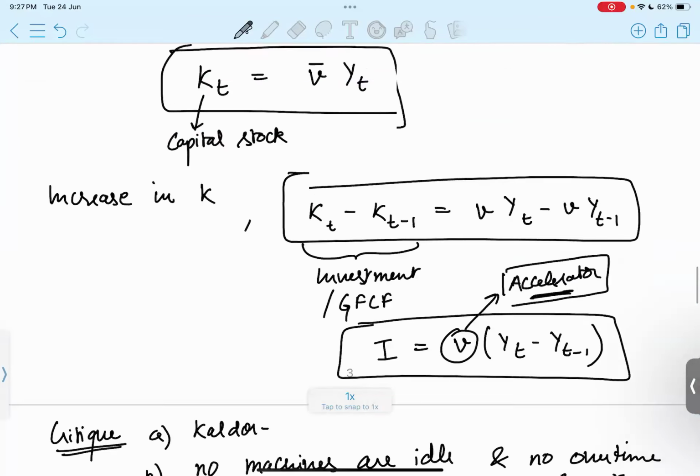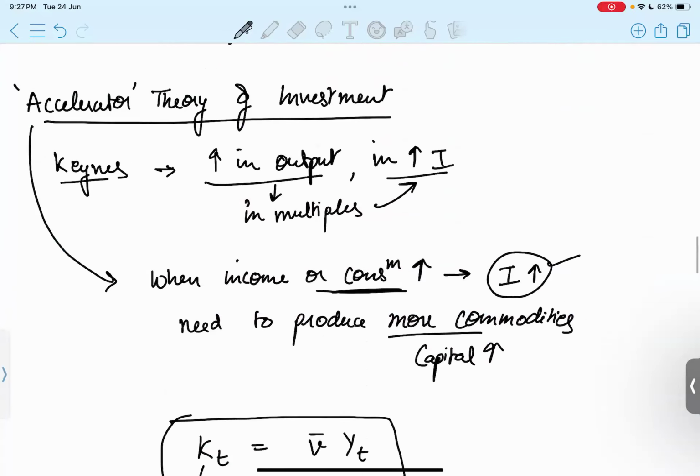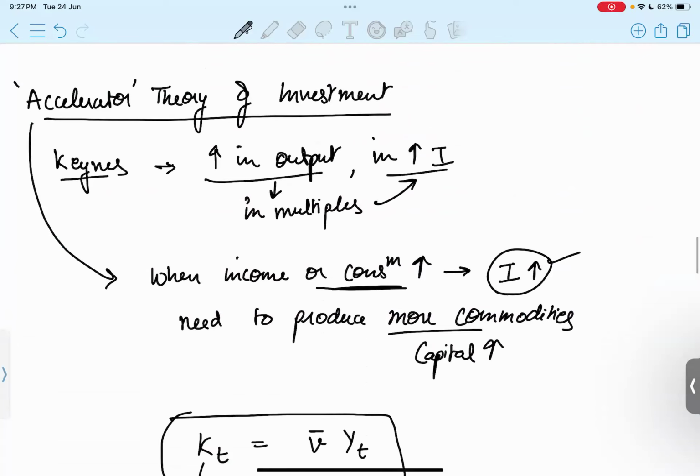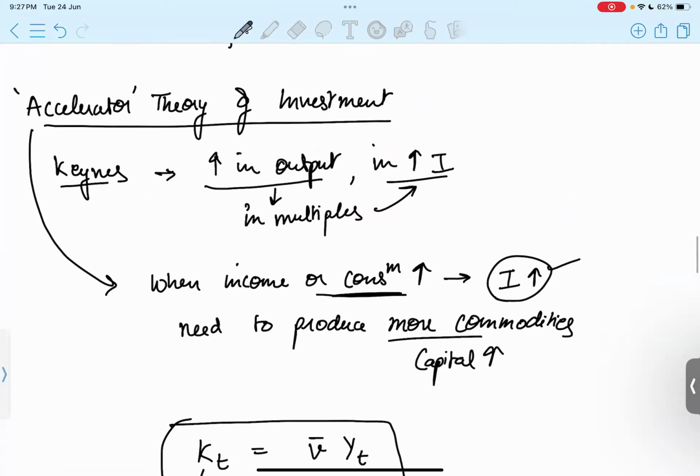And so in real life, if we think about any example related to the accelerator theory, most often we see that the Keynesian multiplier theory is more practical in nature, because an increase in output will lead to more reinvestment.